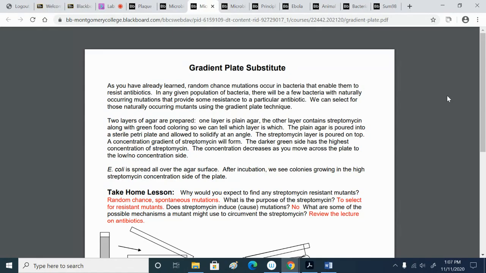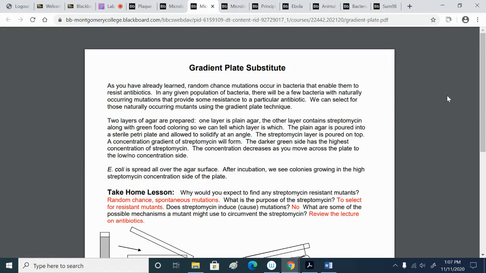Any guesses? Like the ribosome, right? Translation, protein synthesis.